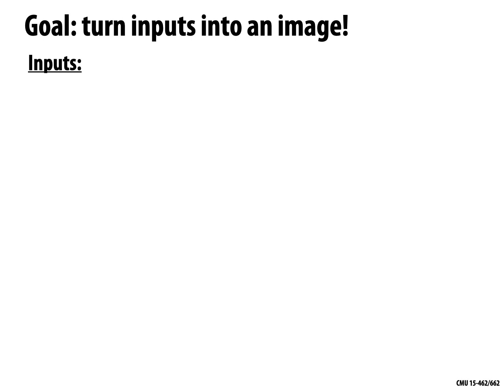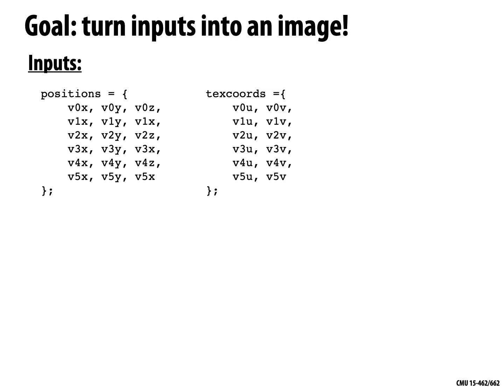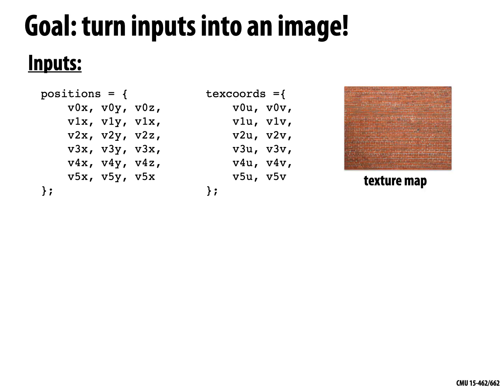What are the inputs? Here is a pretty complete list of inputs. Our inputs are a list of positions for the corners of a triangle, so we have sequences of 3 coordinates, each of which specify a triangle, and we have corresponding texture coordinates. For every vertex, we also have UV coordinates, and we have a texture map that we're going to look up into, like this brick texture map.